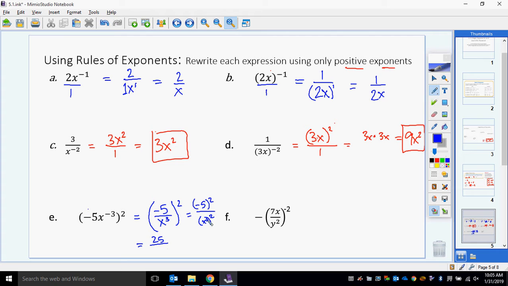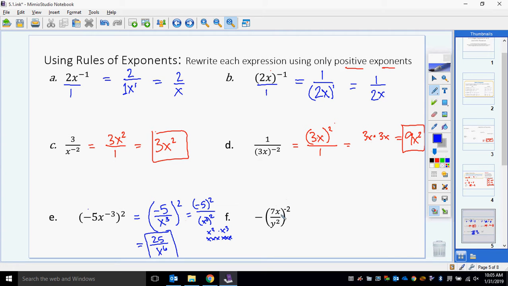And I have x cubed squared, which would be x cubed times x cubed, remember? So I have 3 x's being multiplied times another 3 x's being multiplied. If you don't remember, the power of a power rule means multiply that 3 and the 2 because there's going to end up being 6 x's. So 25 over x to the 6 would be my answer.